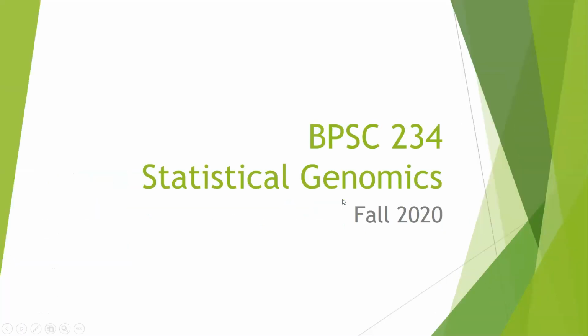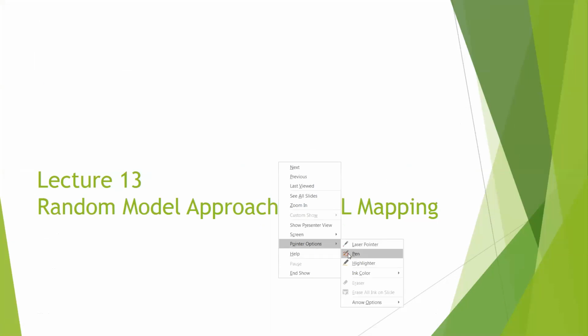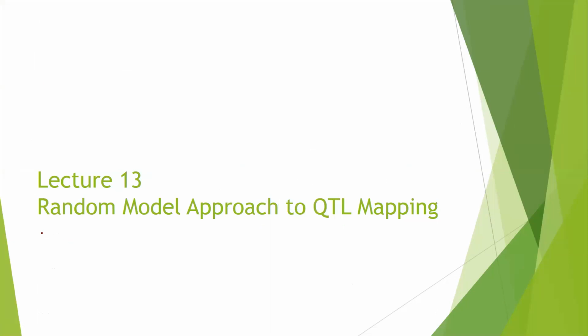okay, so today we're going to chapter 13. Here we're going to learn the random model. So what is a random model? In the past, the regression models we used for testing either QTL or SDL used a fixed model.